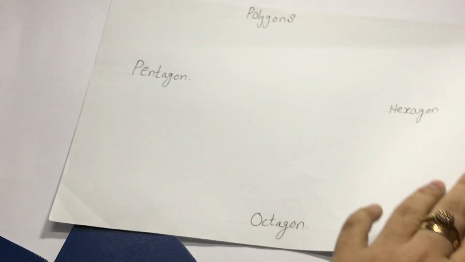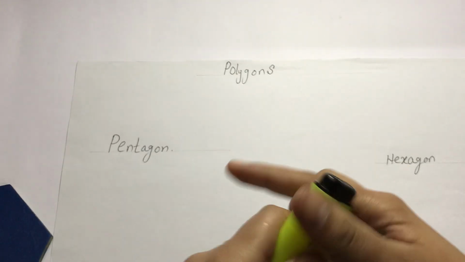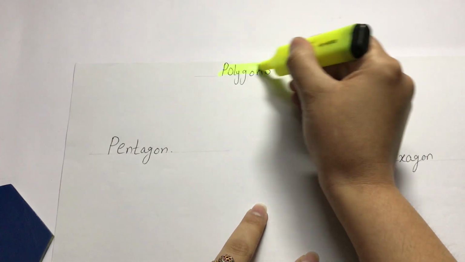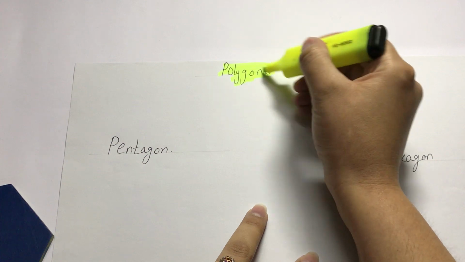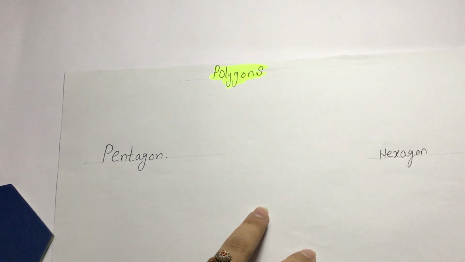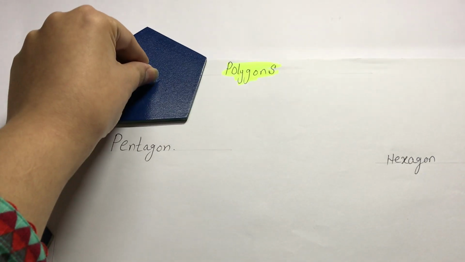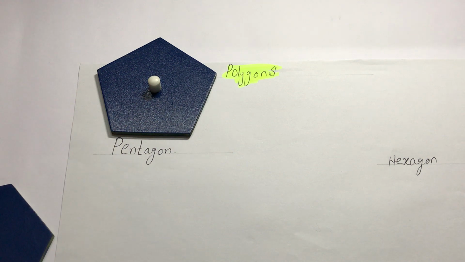What have we learnt about today? We have learnt about polygons. And what does poly mean? Poly means many. What's the first polygon we have learnt about? It's a pentagon, and a pentagon has 5 sides and 5 corners, right?